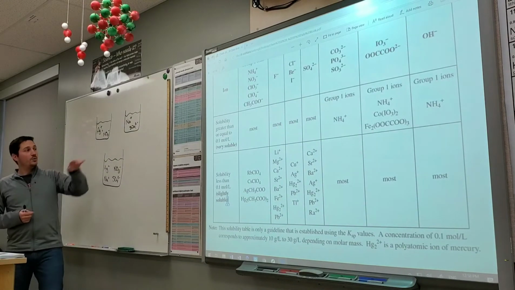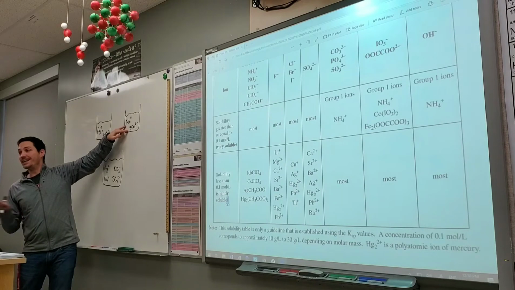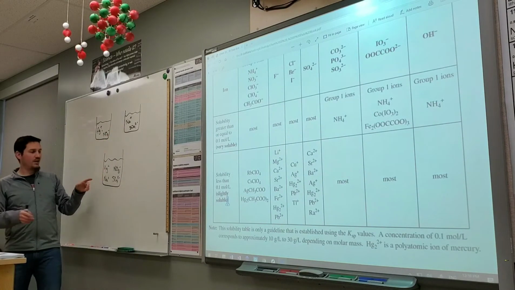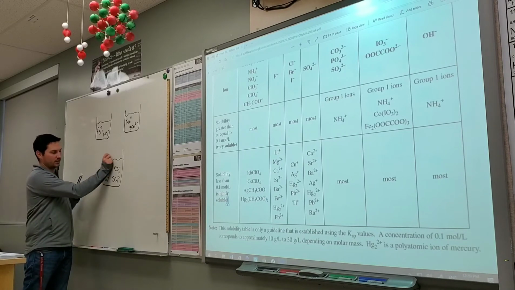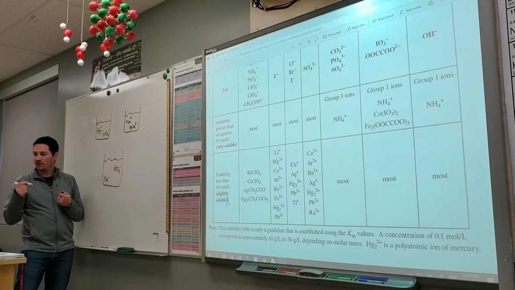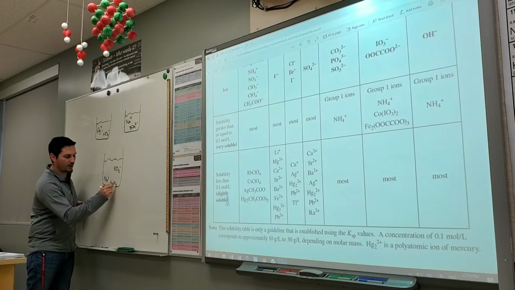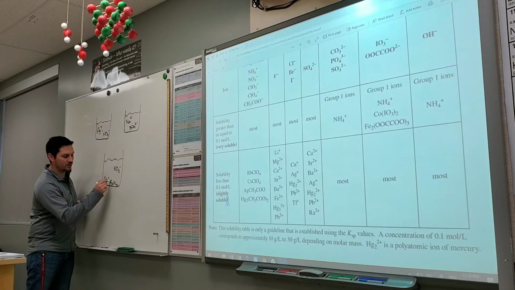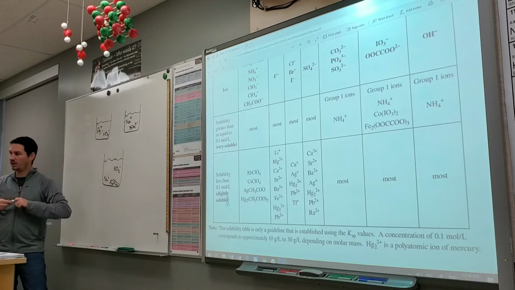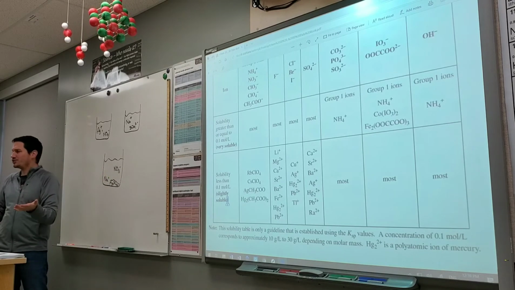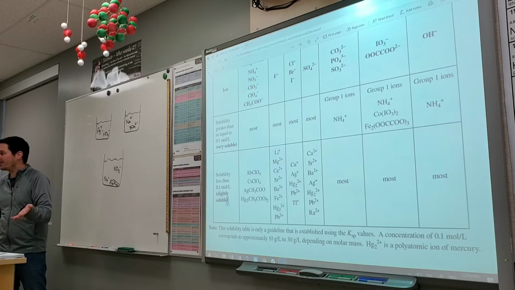Yeah. Which one of these isn't doing anything? Sodium. Sodium's not doing anything. So the silver and the sulfate will deposit themselves at the bottom of the beaker, so you start to get a precipitate at the bottom. But did the sodium ions and the nitrate ions change in any way, shape or form?